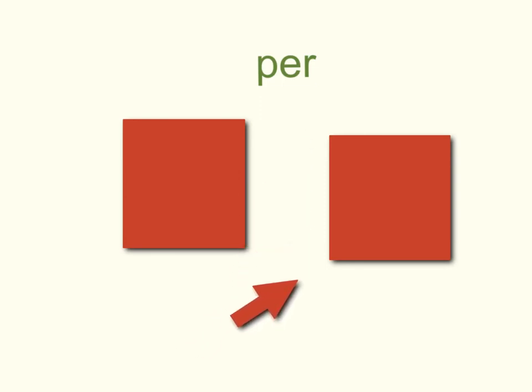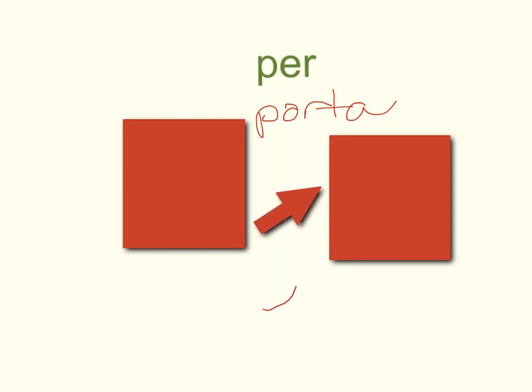If we imagine that this is a gate, our Porta Romana, Porta Capena, and we have Medus, and Medus is walking through the gate. Per portam ambulat Medus. Medus ambulat per portam.